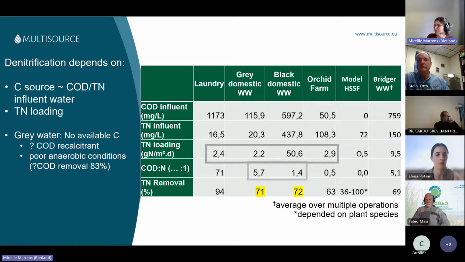And also we thought maybe the environment is not anaerobic enough, but then again, the COD removal was only 83%. So you would assume that if the aerobic conditions were very high, the COD removal also would be very high. And for the black water it's the opposite. We didn't think it would have such good results, but it has.